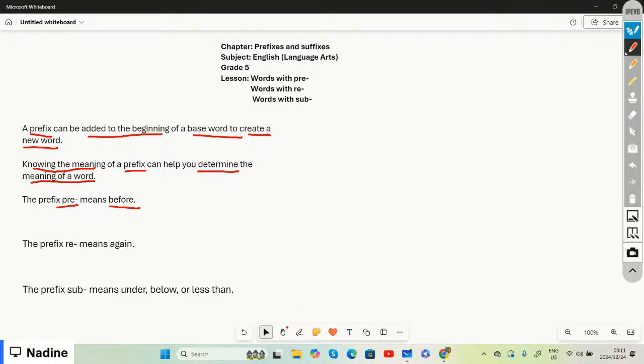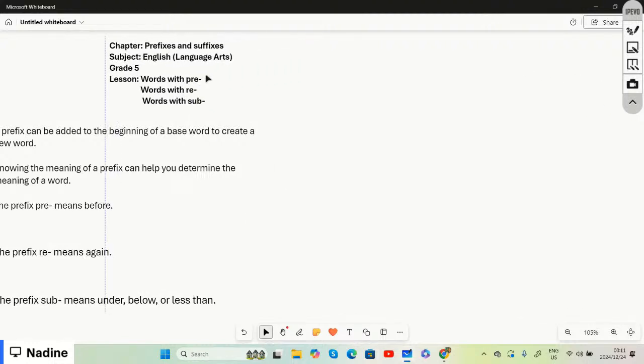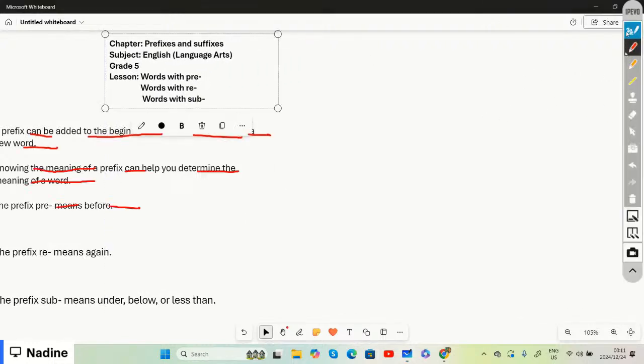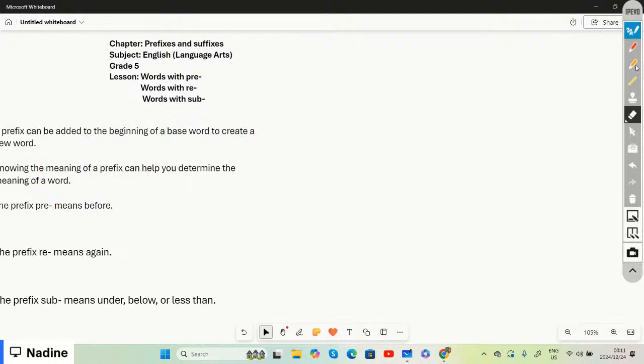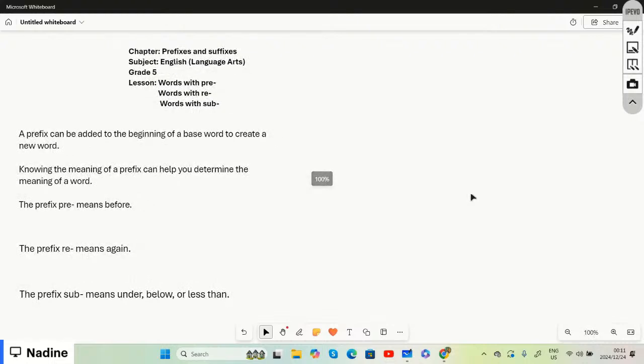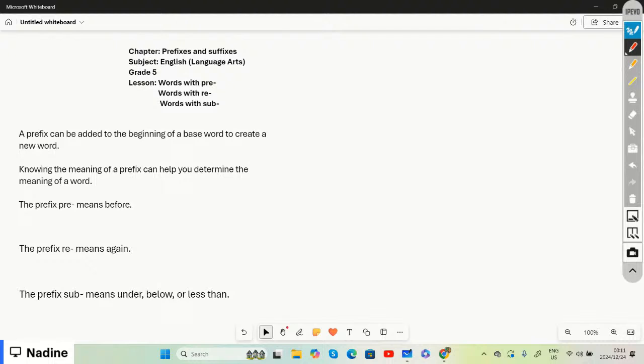And if we look at the prefix, which is pre, then if you look at a few words with pre, we have preheat.